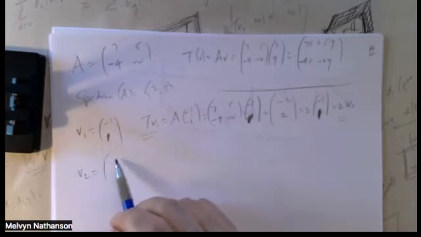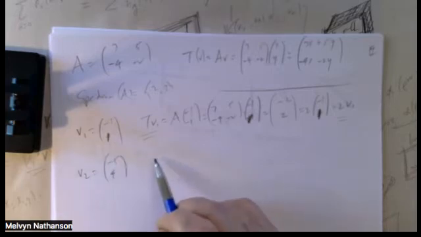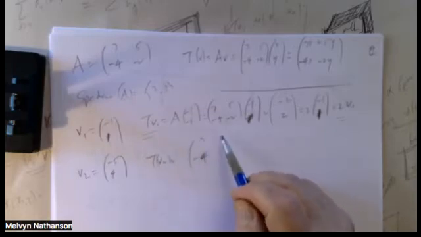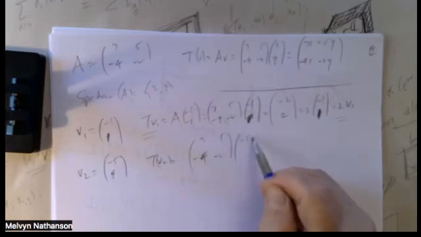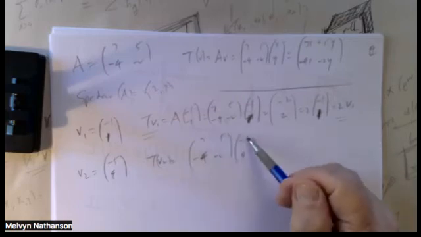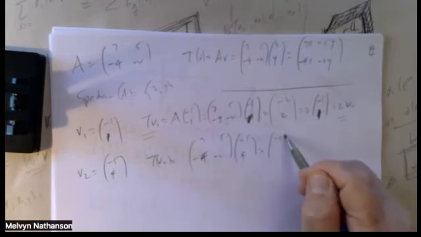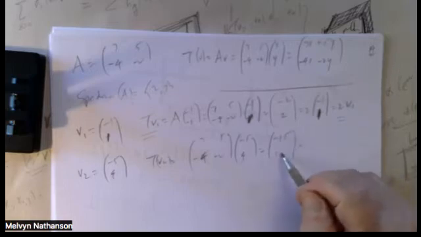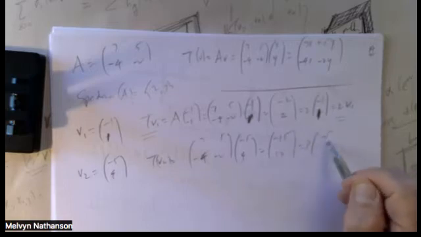If I take the vector V2 to be (5, 4), what is T of V2? So I take my matrix applied to the vector (5, 4). This is -35 plus 20, which is -15. 20 minus 8 is 12. If I factor a 3 out of this, I get (-5, 4), which is 3V2. So V2 is a non-zero vector, and T of V2 is 3V2. It's an eigenvector for the eigenvalue 3.